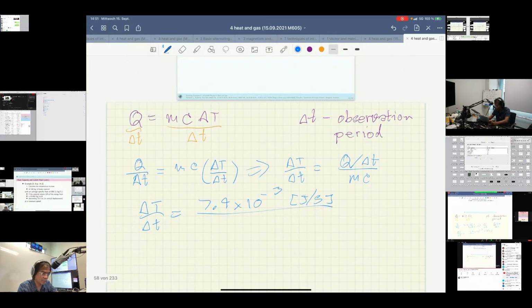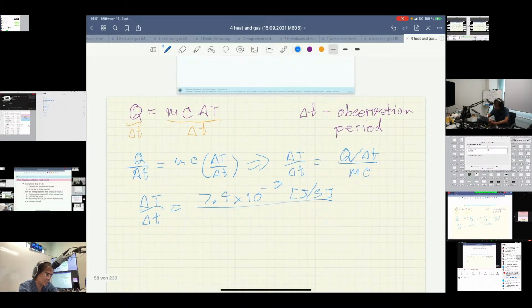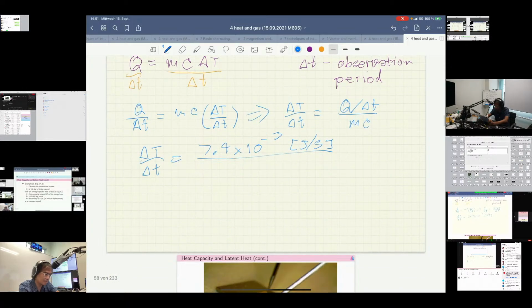Then we get M and C. M is the mass of the semiconductor, which is silicon, 23 times 10 raised to negative 3 gram, milligram, so negative 6 kilogram.